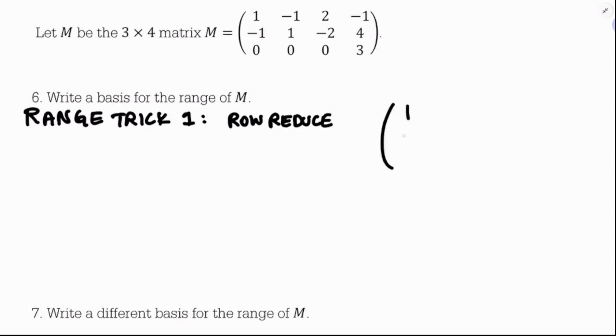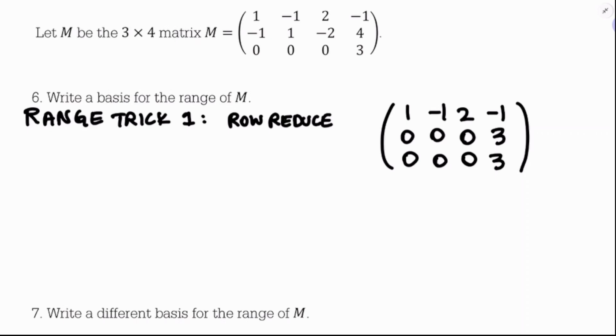Add the first row to the second. I think this one should be pretty quick. That'll be a 0, 0, and 3. Negative 1, 2, negative 1, 0, 0, 0, 3.